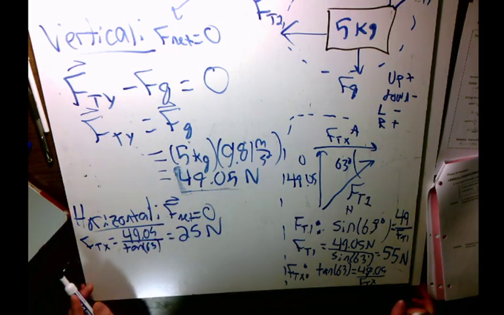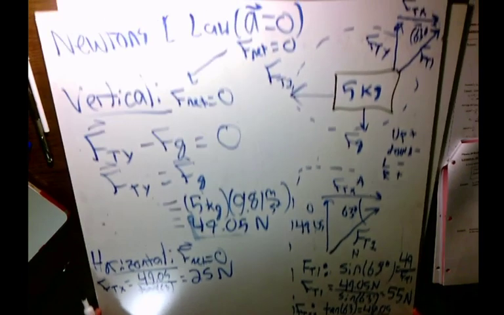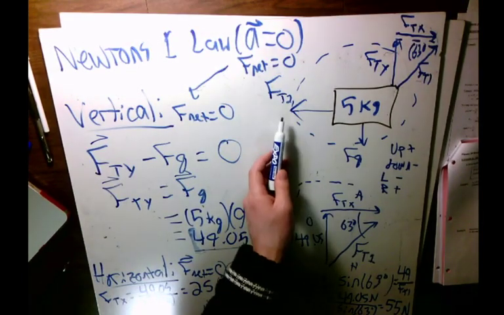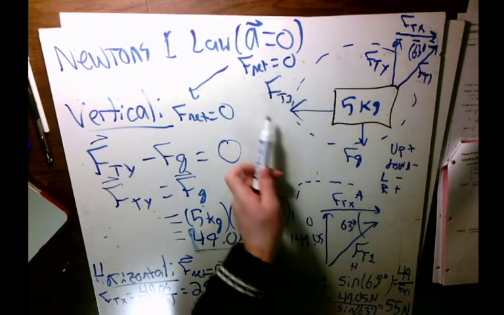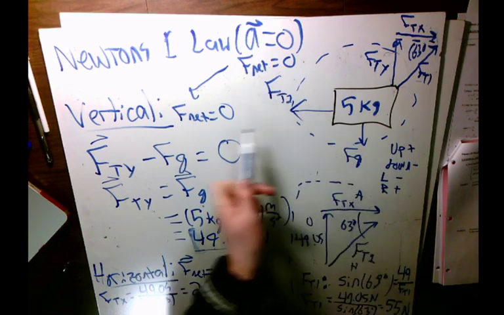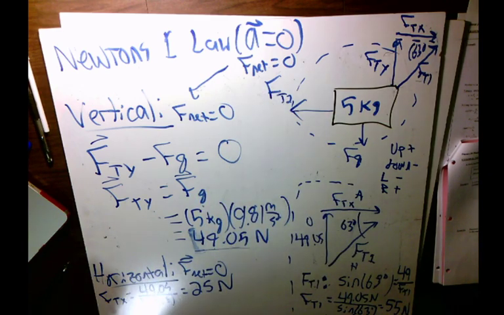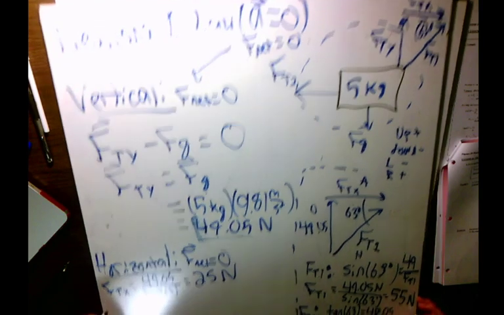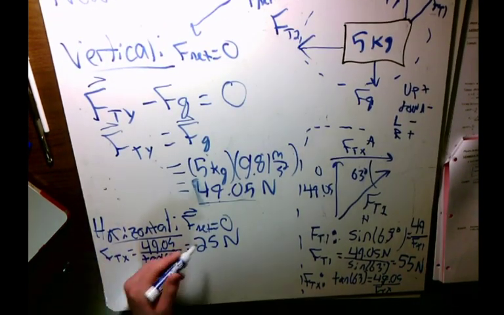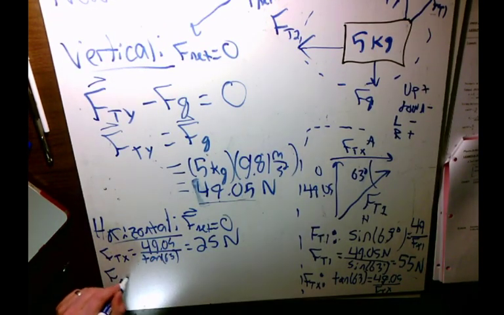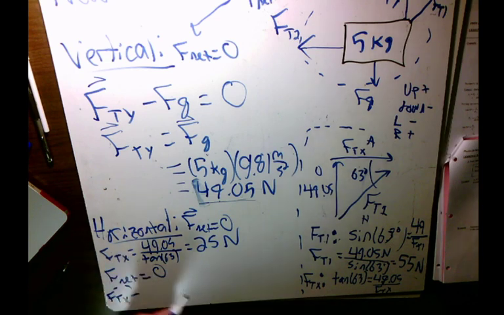And from our starting diagram, we can see that in our horizontal direction we have this second rope, which is all in the x direction, and this x component of our first one. So we know that F net is equal to 0, where F net has our x component of our first rope minus our second rope, which is 0. Those are equal and opposite.